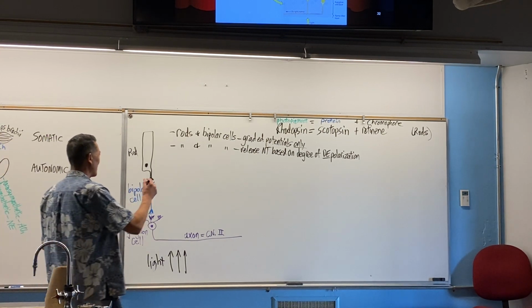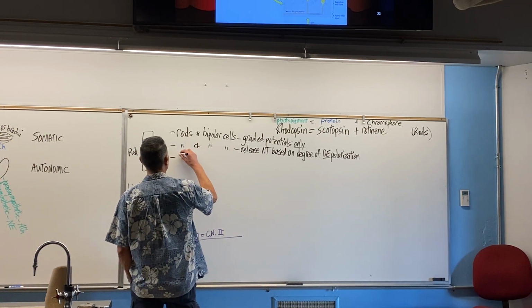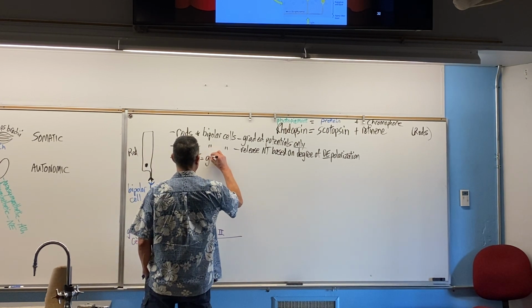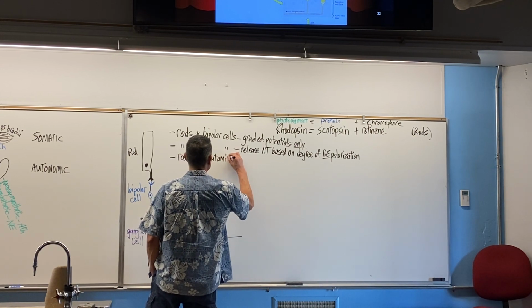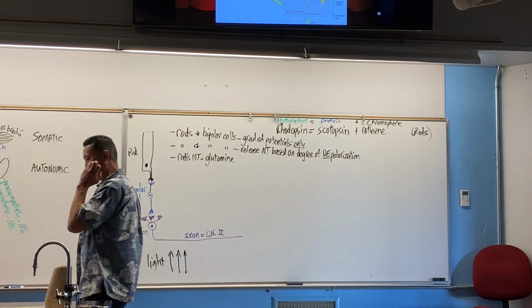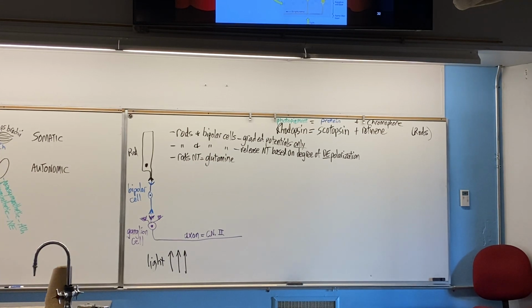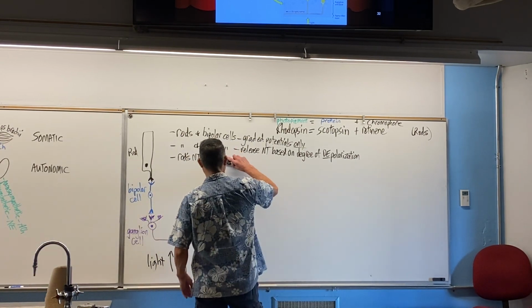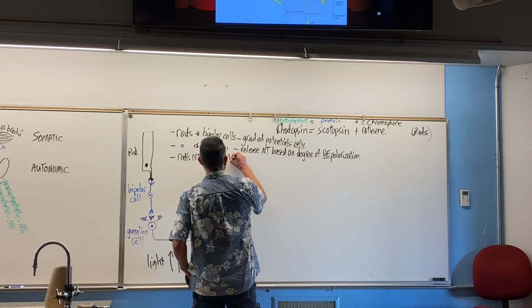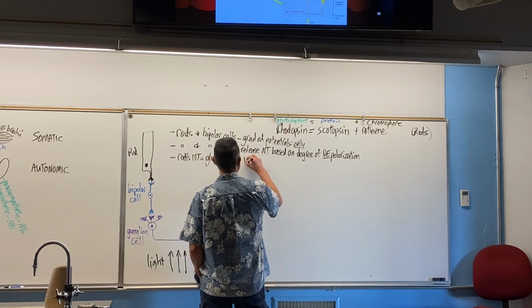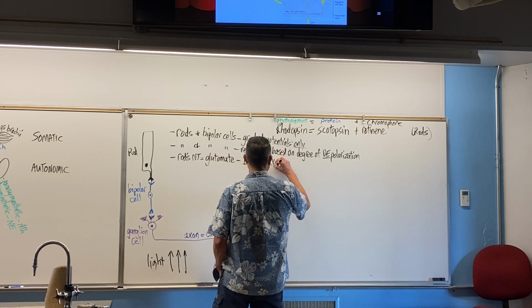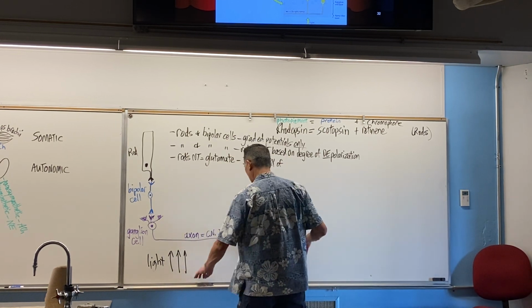Rods, and we're talking about rod photochemistry, its neurotransmitter is glutamate. Cones have different neurotransmitters, but all rods use glutamate. And glutamate is inhibitory on bipolar cells.